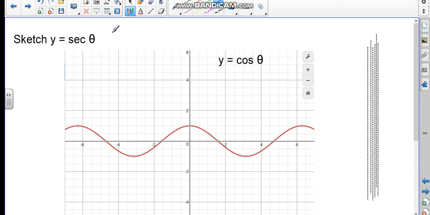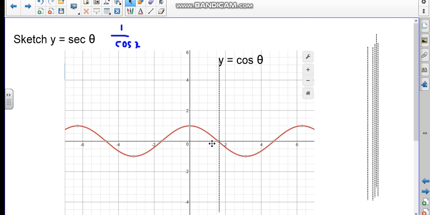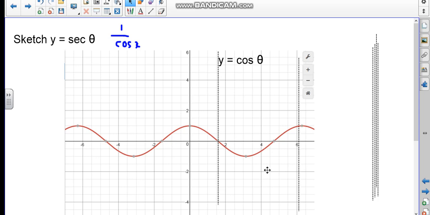So again, sec is 1 over cos, so we start with the cos graph. Similar idea: we need to think about where these asymptotes go. Wherever there's a 0 on the cos graph, we can't do 1 divided by 0, so we're going to put an asymptote in. So we've got one at pi by 2 and one at 3 pi by 2.